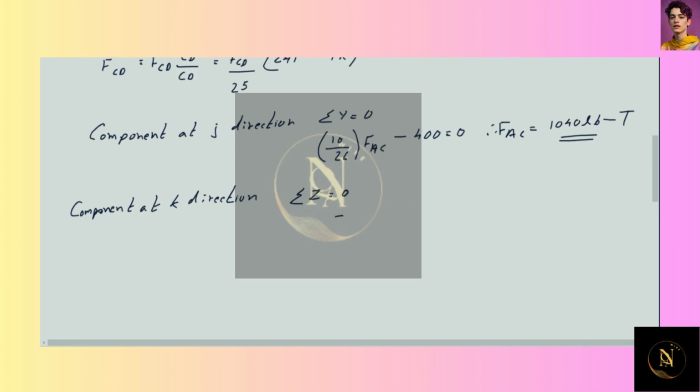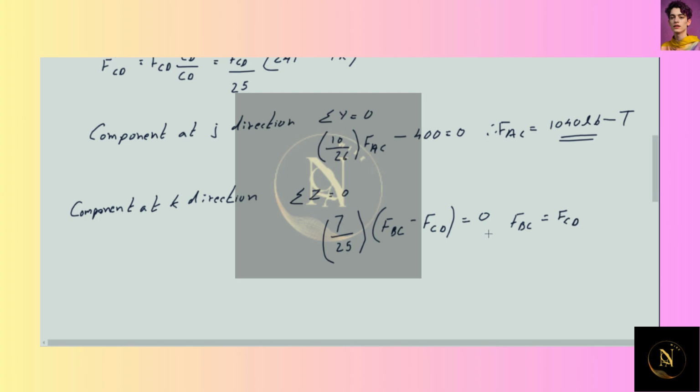So 7 by 25 into the term common for FBC and FCD equal to 0. So from here FBC will be equal to FCD.